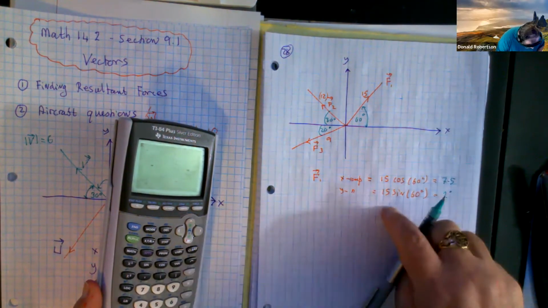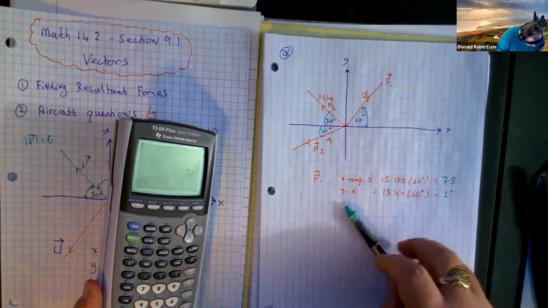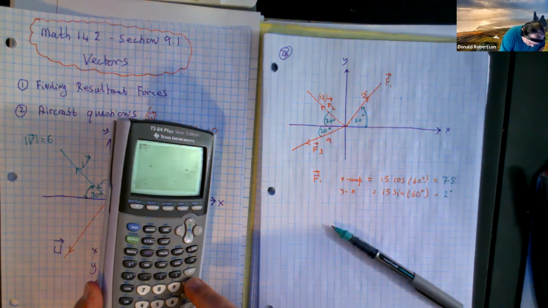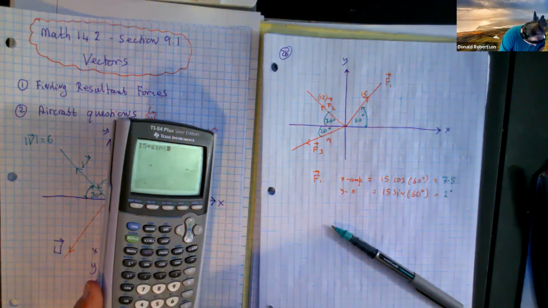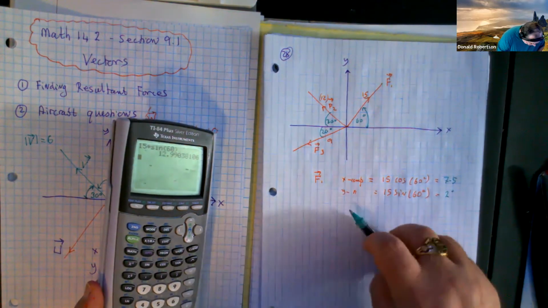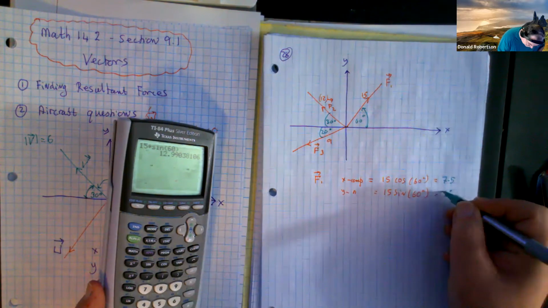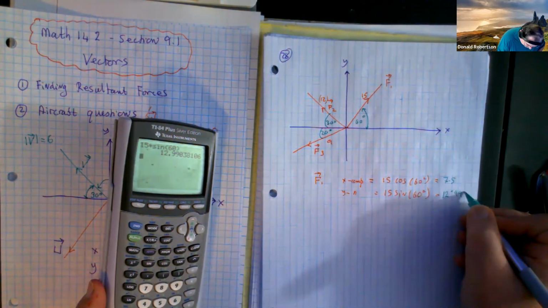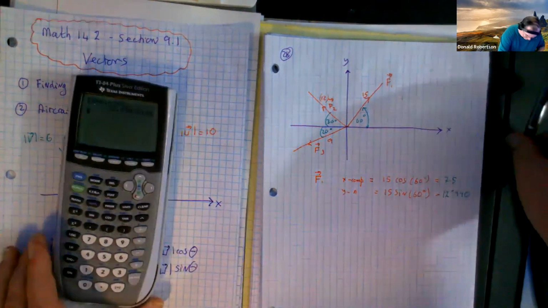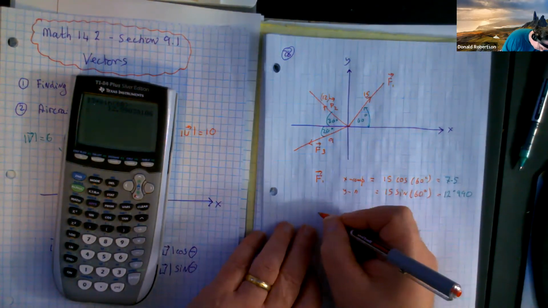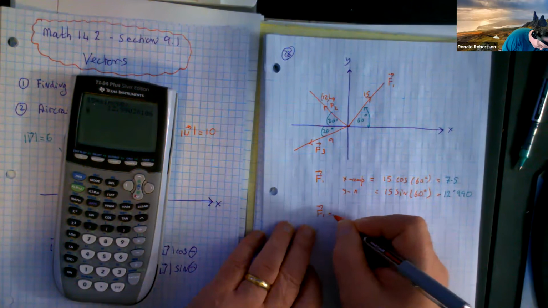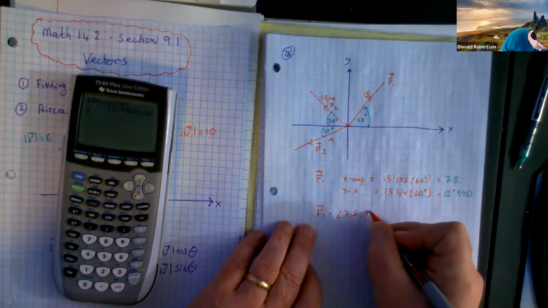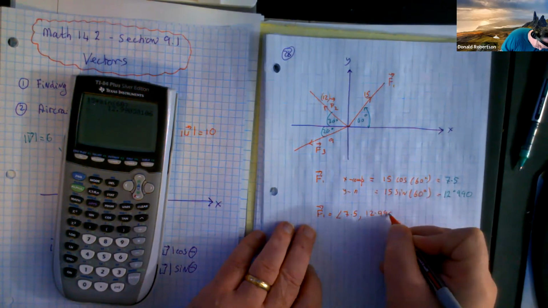Well caught. 15 times the sine of 60 is 12.990. That's F1 done. So it's going to be 7.5 and 12.990.